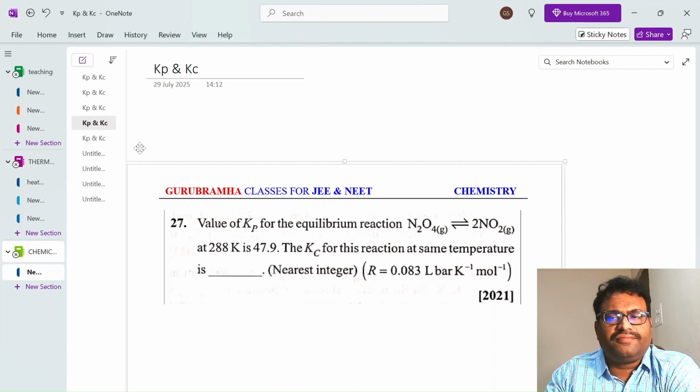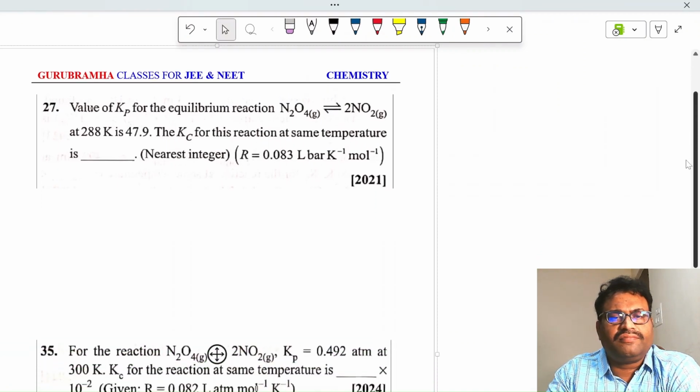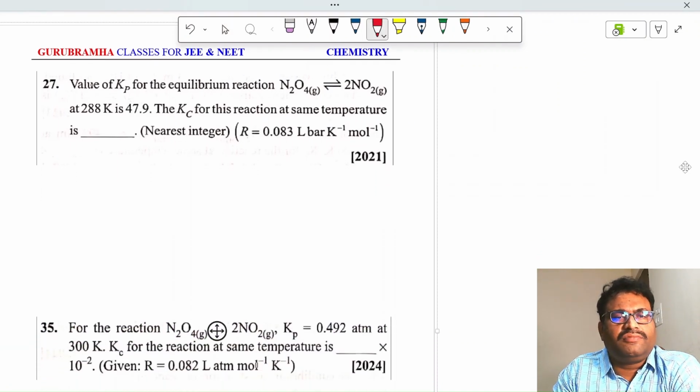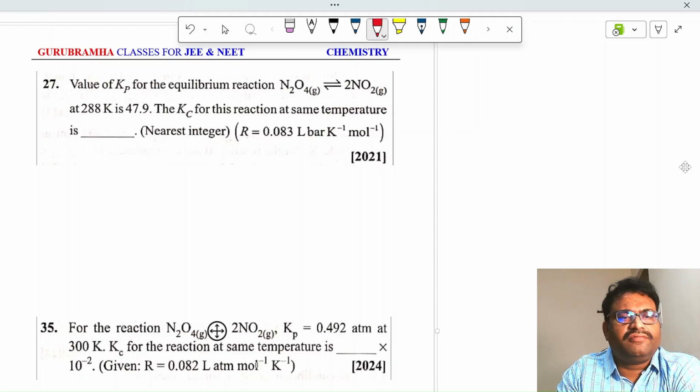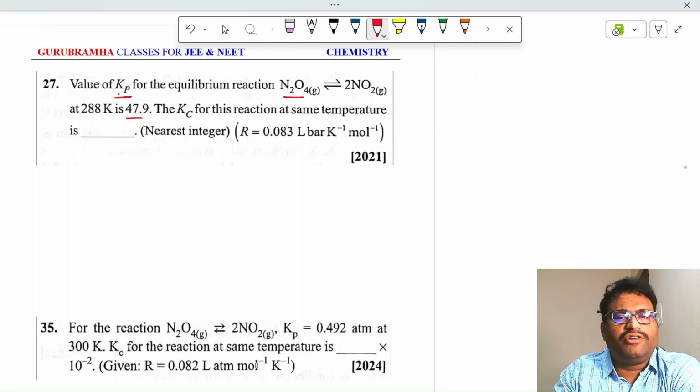Next question. Again, we are solving numerical value questions. The value of Kp is given, 47.9, for the reaction N2O4 gives rise to 2NO2.